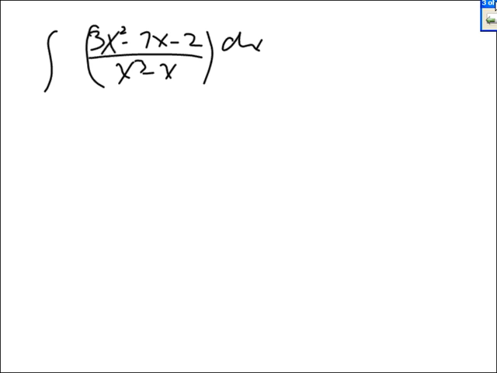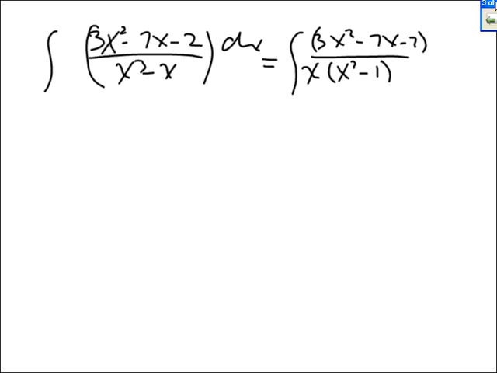Suppose you have this integral. Well, you factor the bottom. And you get 3x squared minus 7x minus 2 over, you can factor out an x. Then you get x squared minus 1. But x squared minus 1 can be factored.